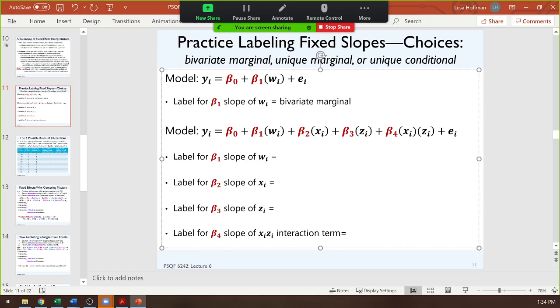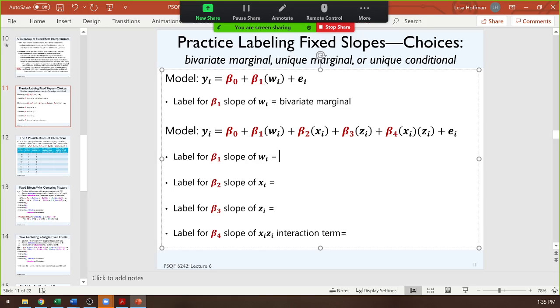So right off the bat, none of these is going to be bivariate marginal. This is no longer bivariate. It is quadvariate. Is that a thing? Call it multivariate, that's close enough.